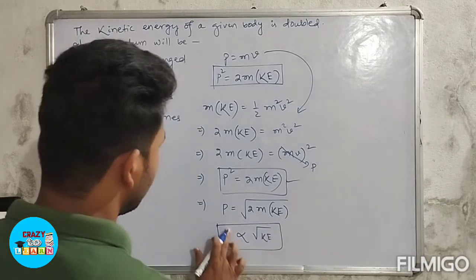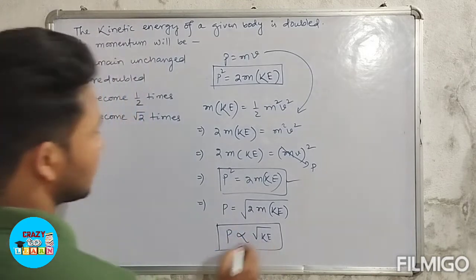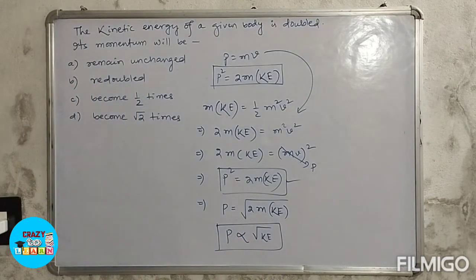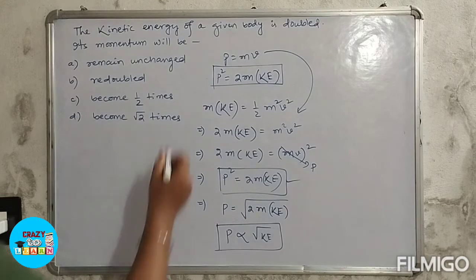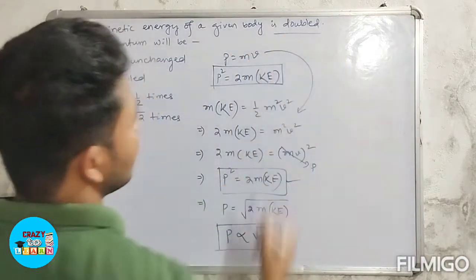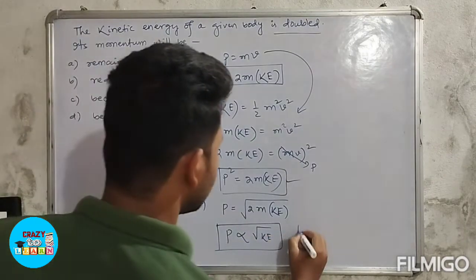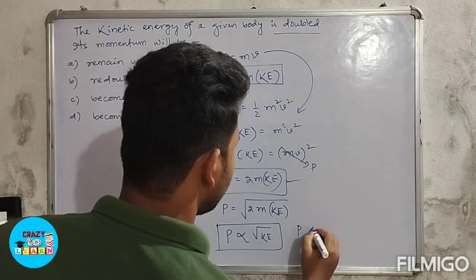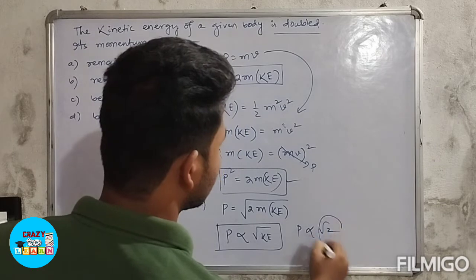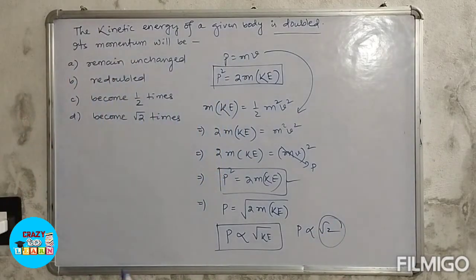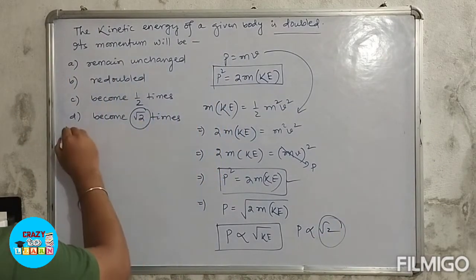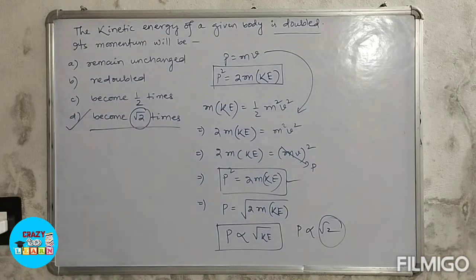P is directly proportional to the square root of kinetic energy. As in your question it is given that the kinetic energy is doubled, just put 2 in the place of kinetic energy, we will get p proportional to root 2. Yes or no? So it becomes root 2 times. Option D is your correct answer.